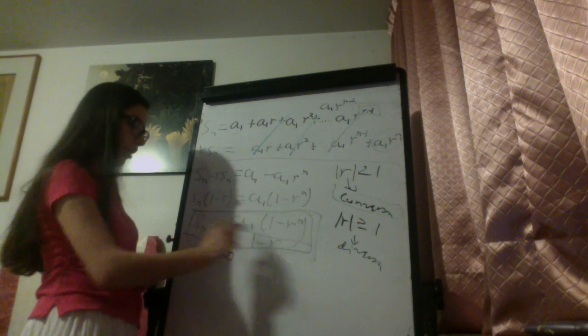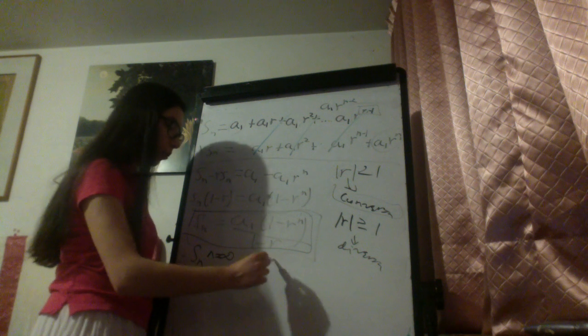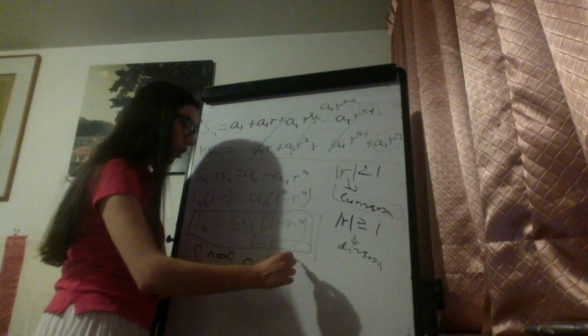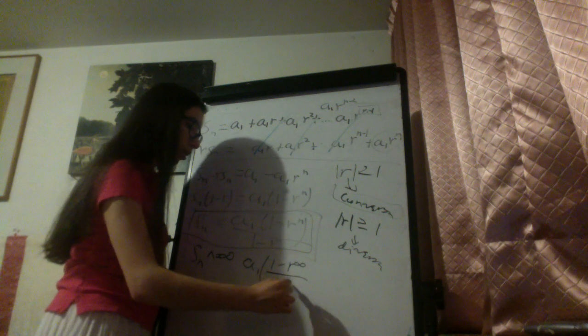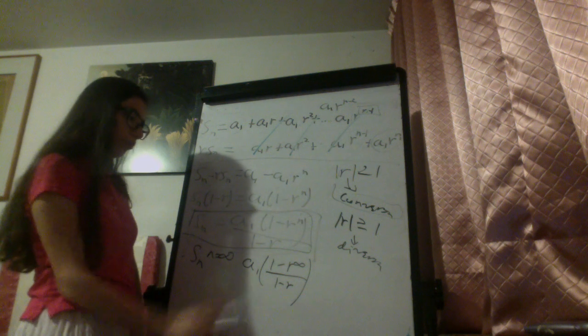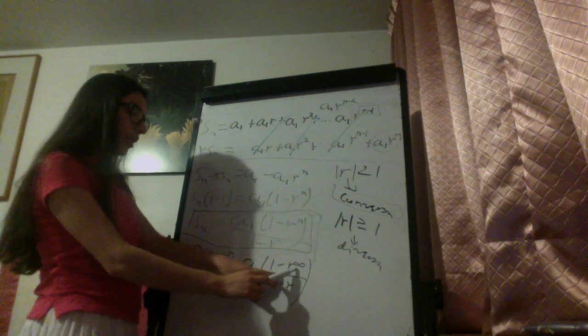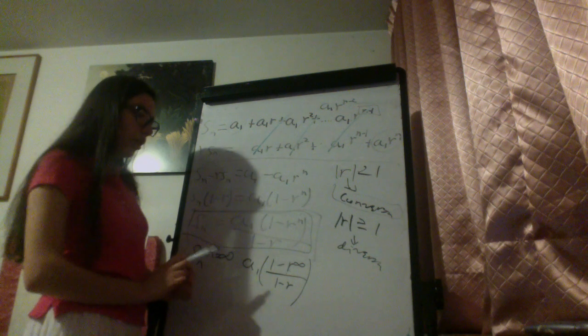So let's apply this rule. This would be a sub 1 times 1 minus r to the infinity divided by 1 minus r. Now, what is r to the infinity if the absolute value of r is less than 1?